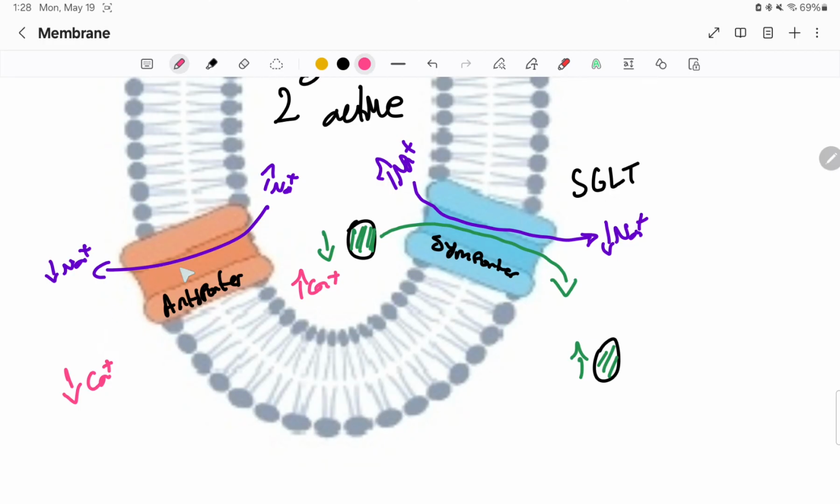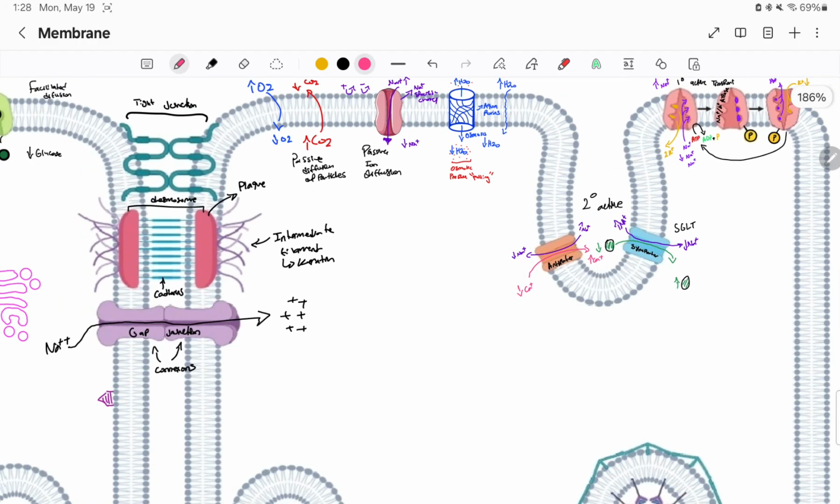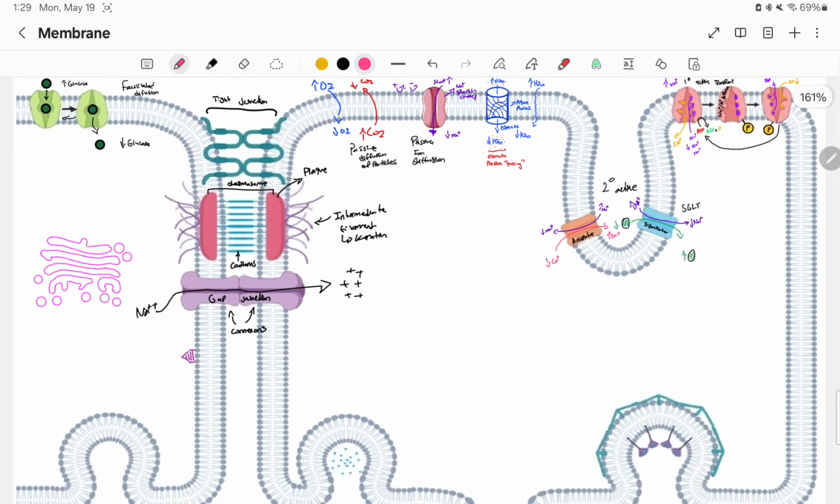So calcium sees sodium moving in. It says, hey, you know what? I'm going to use you moving in for me to move out, okay? And in that scenario, that's called an antiporter, where it's moving against the concentration gradient, but it is using the energy of sodium moving down, okay? All right, so that's secondary active transport.